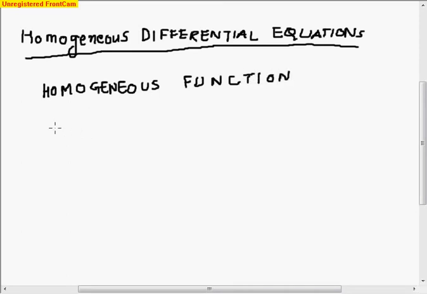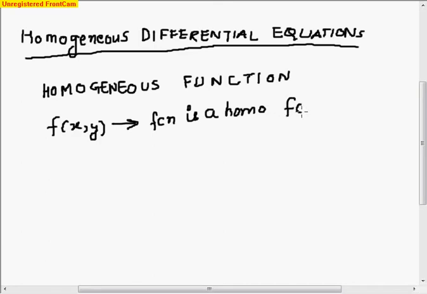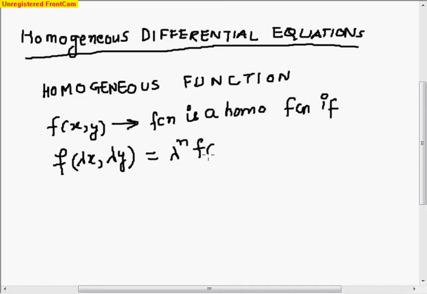Suppose we have a function f(x, y). We call this function a homogeneous function if it satisfies the following property. If I replace x with lambda x and y with lambda y in the function, I should get lambda raised to the power n times that function again.